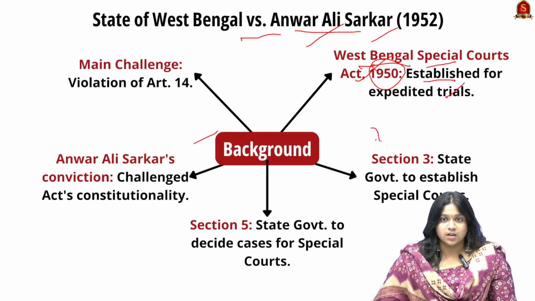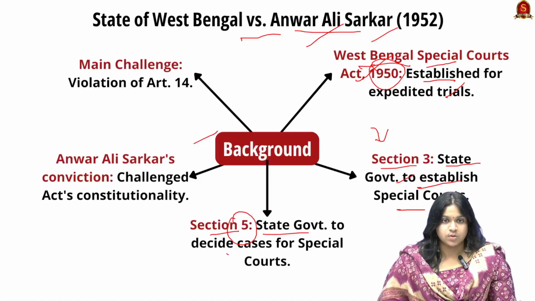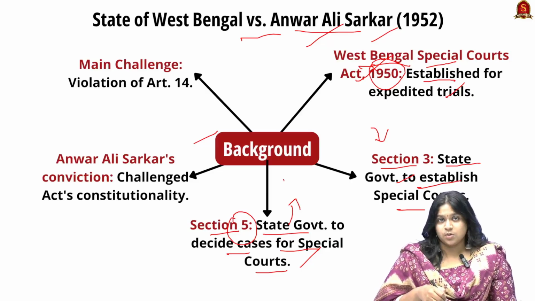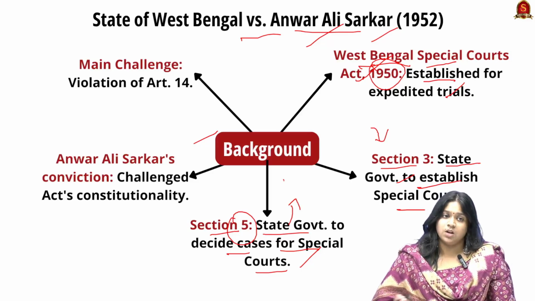Under the 1950 Act, in section 3, the state government has the power to establish special courts, and under section 5, the state government can decide which cases are to be referred to the special courts. So the state government had the ultimate power to select what kind of cases should go to the special courts and what kind should go to the normal courts.